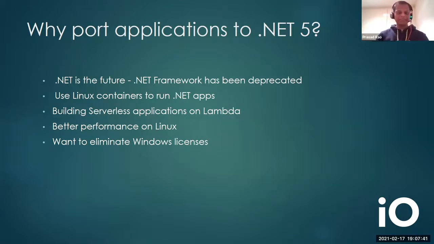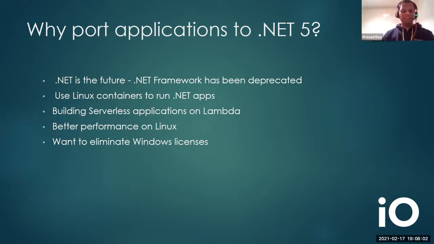The next is we may want to leverage cloud native applications. We want to build serverless architectures using services like AWS Lambda. Currently, Lambda supports only the .NET Core or .NET 5 runtime, so you're unable to run .NET Framework, Windows-only applications on it.